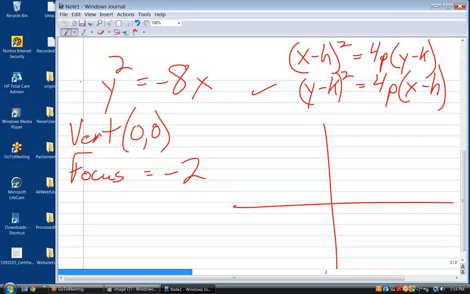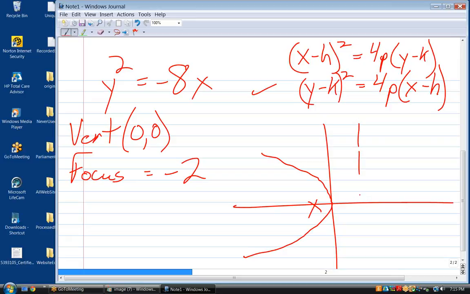And that minus sign, just like in a vertical parabola where it means it opens down instead of up, means in a horizontal parabola that it opens to the left instead of to the right. And the focus, the minus 2, I would have to go to the left, and that makes sense, right? The focus should be minus.